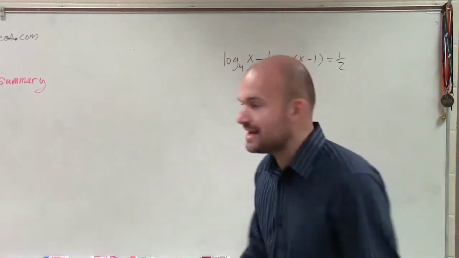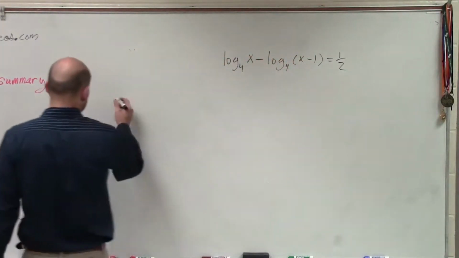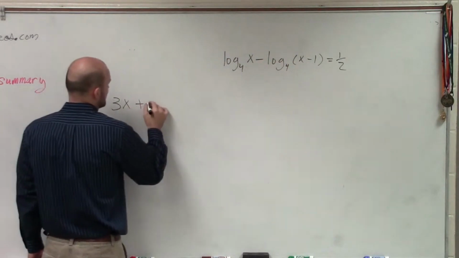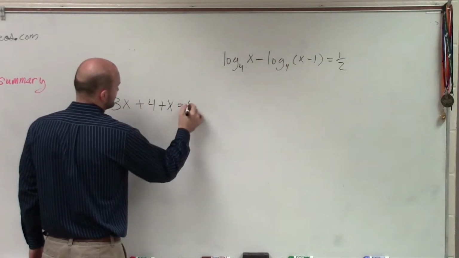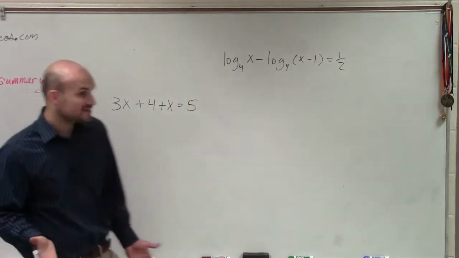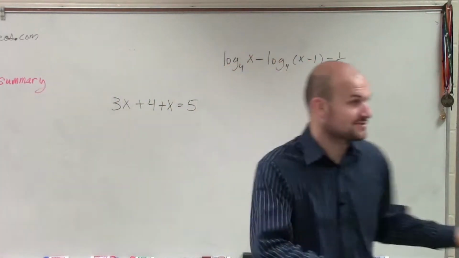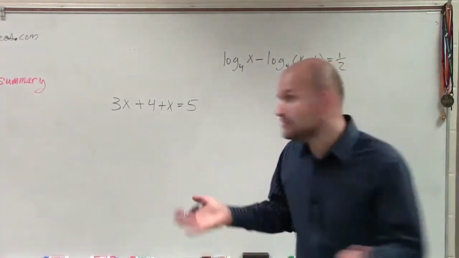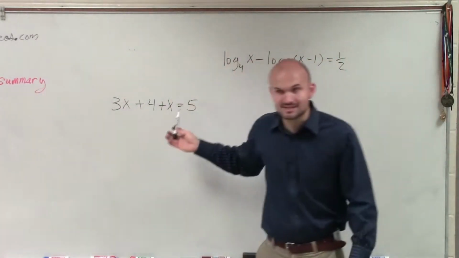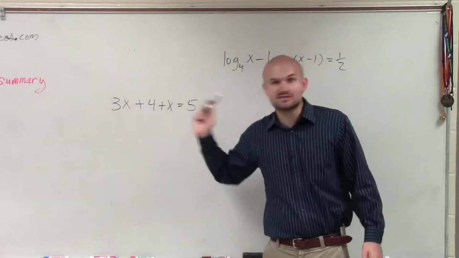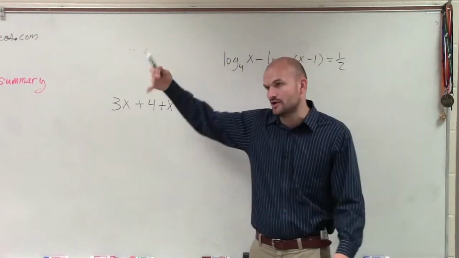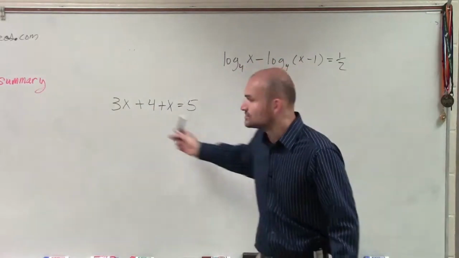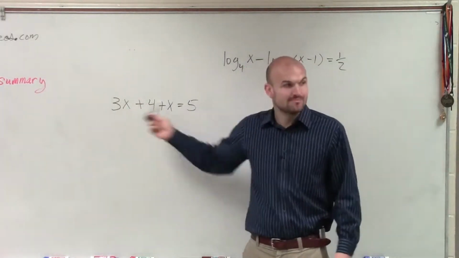Ladies and gentlemen, when we had an equation that looked like 3x plus 4 plus x equals 5, I said to solve this, we know we have two x's. We need to solve for an x, right? So what did we do with the x's? We combined them, right? Because you can't solve when you have two different x's, unless you're going to be doing some factoring technique when it's like x squared or x to a higher power. So we can't solve this unless we combine these.